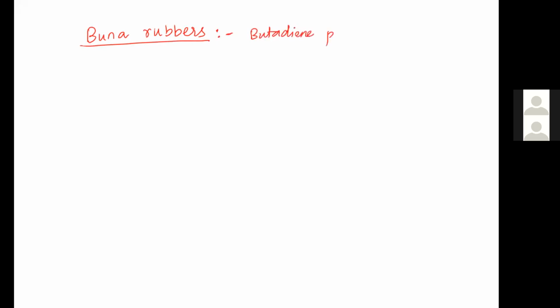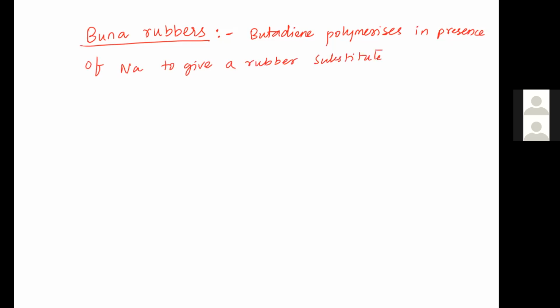Butadiene polymerizes in the presence of sodium to give a rubber substitute which is Buna. And this Buna has two types. One is Buna N. The other one is Buna S. Buna N and Buna S.